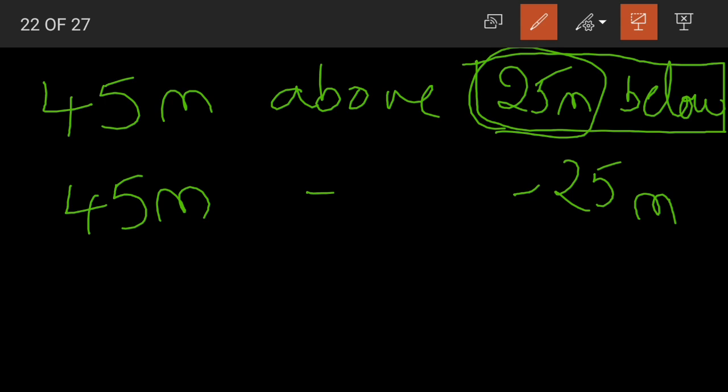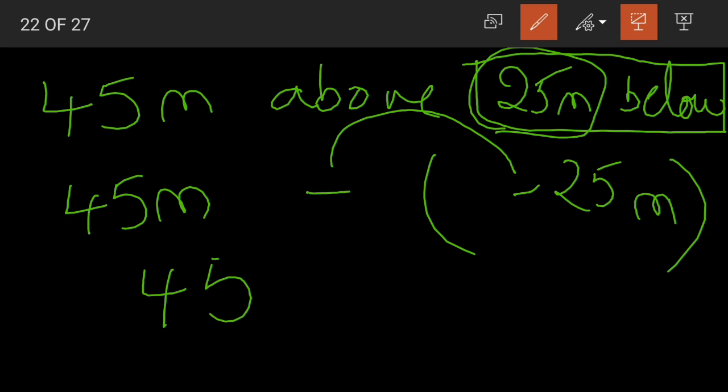Now what is it asking in the question? They are asking you the difference between the two. Difference means subtraction, right? So 45 meters minus of minus 25 meters. When both the signs are same, the answer will be positive. 45 plus 25.